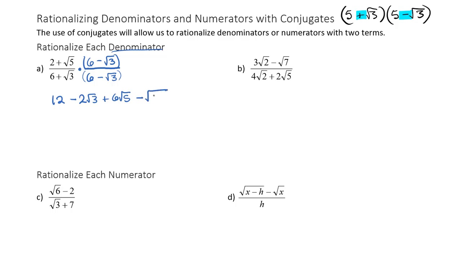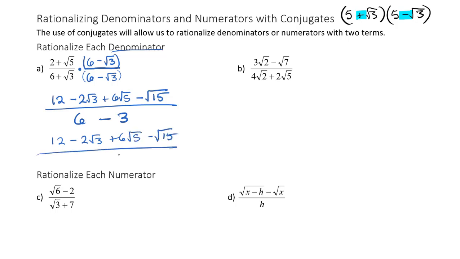This will be negative root 15. That's the numerator. In the denominator, we'll have 6 minus 3. This simplifies. We get 12 minus 2 root 3 plus 6 root 5 minus root 15 all over 3.